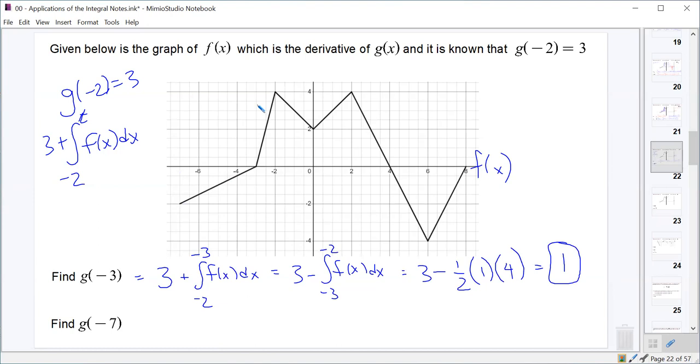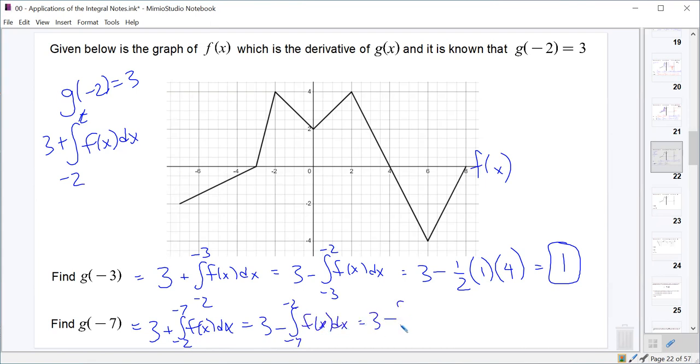And if we want to find g of -7, g of -7 ought to be 3 plus the integral from -2 to -7 of f of x dx, or 3 minus the integral from -7 to -2 of f of x dx.